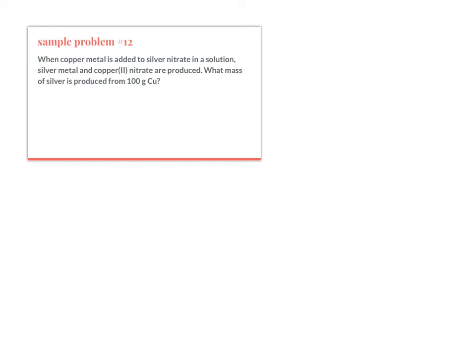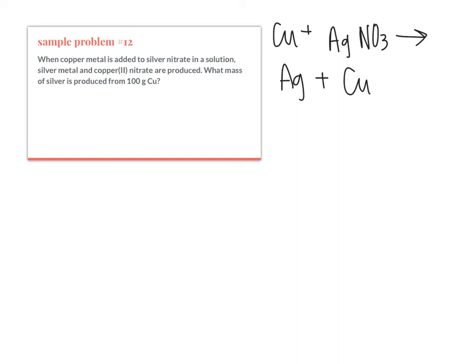So it says when copper metal is added, so that means copper's by itself, is added to silver nitrate, AgNO3, silver metal and copper nitrate are produced.